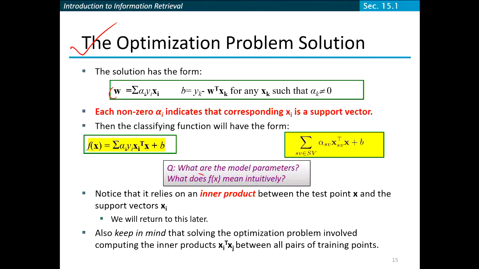So basically, you can find the solution in the primal form, but these are not very useful. I mean, it's useful if you really want the W. The more useful part is this one. The final best solution is, you solve the optimization problem, and it gives you alpha i for every xi.